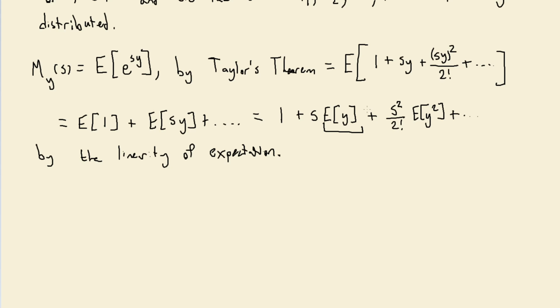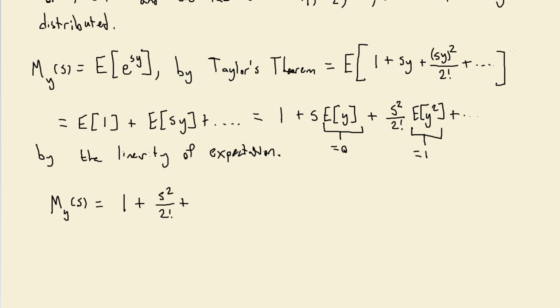So that's just equal to these expected values here. This is the first moment, which we just determined is equal to 0, just by the definition of this random variable y. And then this second moment here is going to be equal to 1, once again just from that definition. And so what we'll find is that the moment generating function of y with respect to s will just equal 1 plus s squared over 2 factorial times the expected value of y squared, which is just equal to 1.